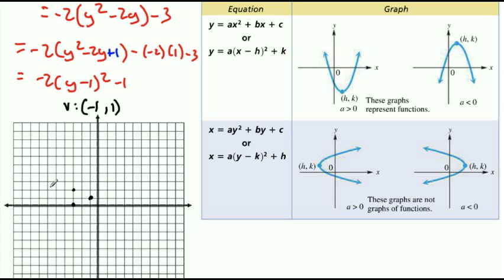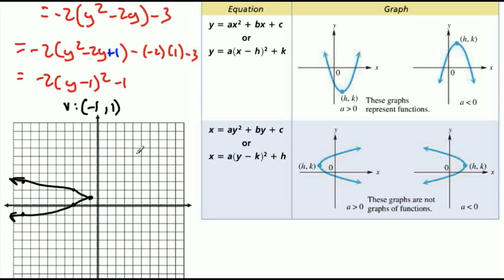Then over 2 up 4 times a, but a is -2, so it's going to be -8. And that's enough right there to graph this guy. And that would be that guy.